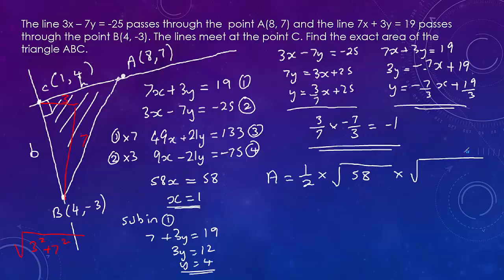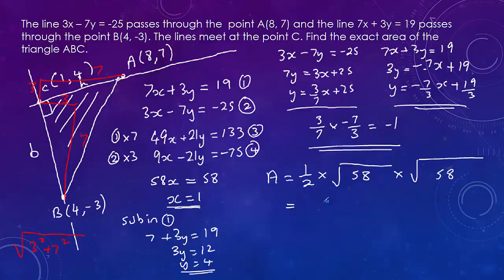And then we'll do the same with these 2 points. So if we form a right angle triangle just here, so x coordinate 1, x coordinate 8, so that's 7 across, and then the y coordinates going from 4 to 7, that's 3. So that's also the same size triangle. So that's also going to be 58.